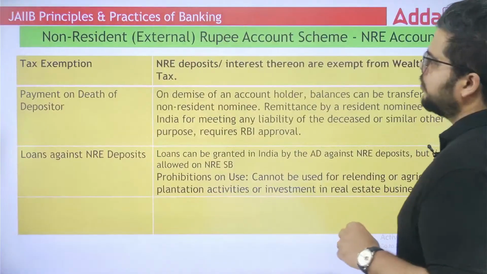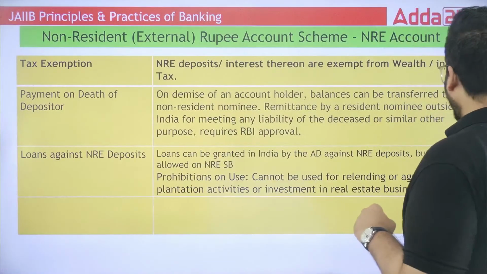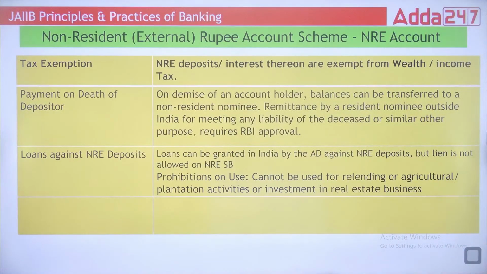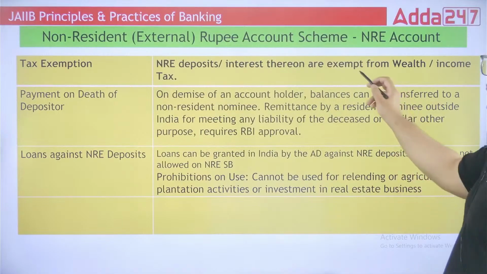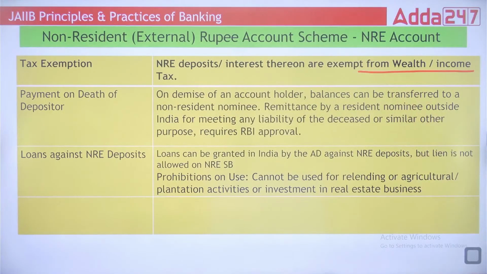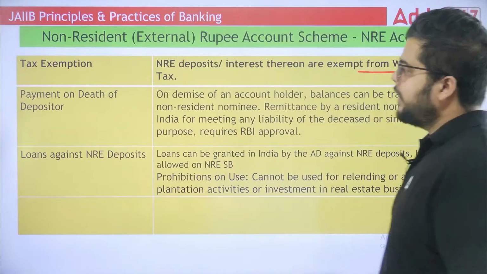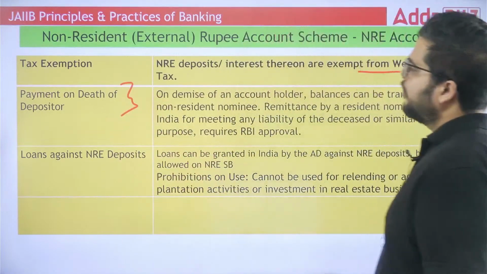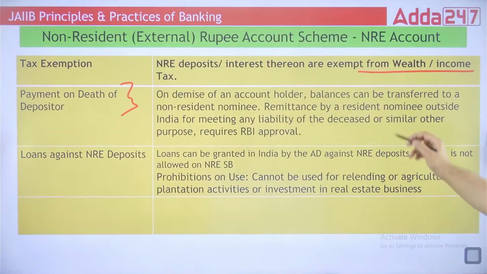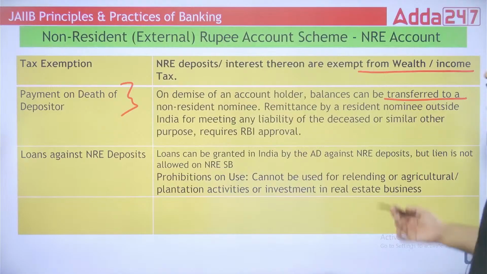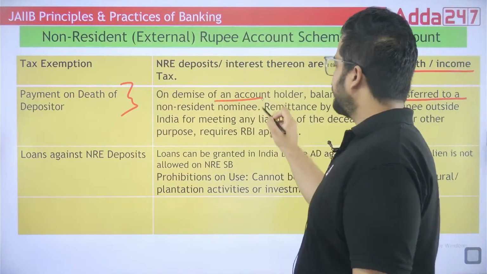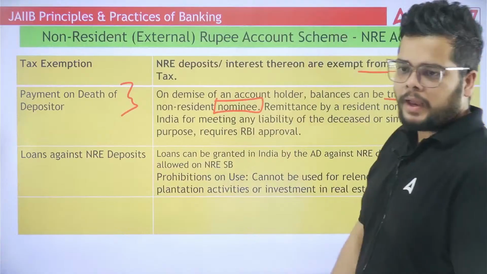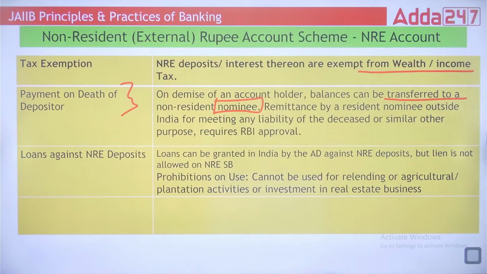Next, when we talk about the tax exemption, NRE deposits are exempt from wealth or income tax. Payment on death of the depositor, the primary holder: on the demise of an account holder, the balances can be transferred to a non-resident nominee. So a nominee must be there in any type of account, be it an individual account or an entity.